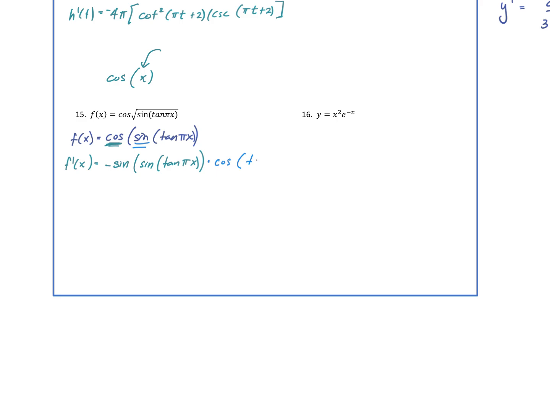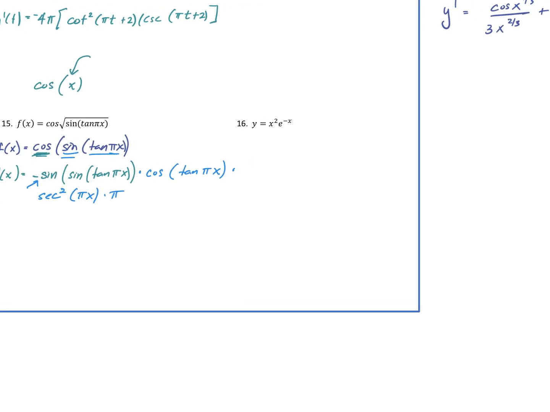Cosine of tan of pi x times the derivative of the inside. The derivative of tangent is secant squared. I'm going to wrap it around down here. Secant squared of pi x, and then times pi, the derivative of that. I'm going to leave it like that. We could obviously bring the pi up and put it there, but I wouldn't even attempt to simplify this, okay?